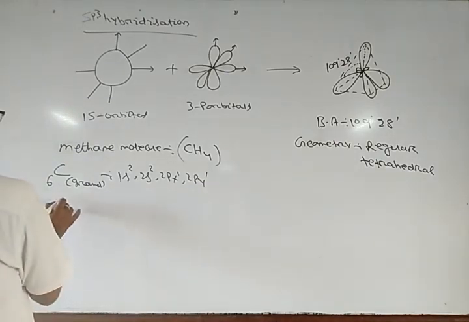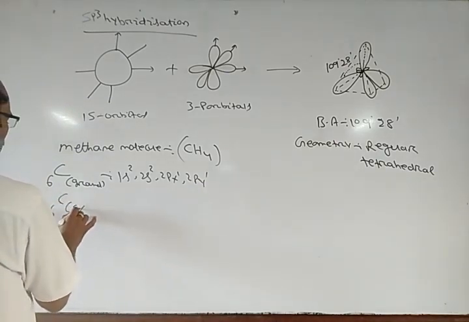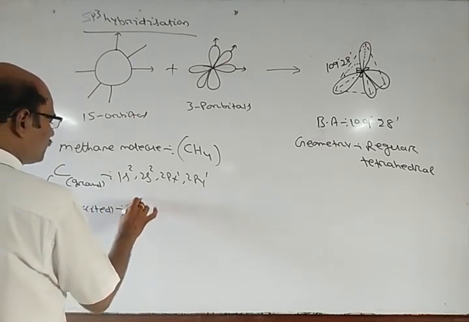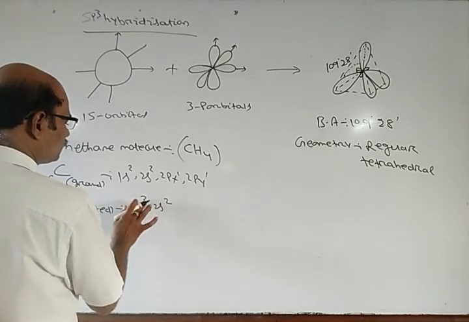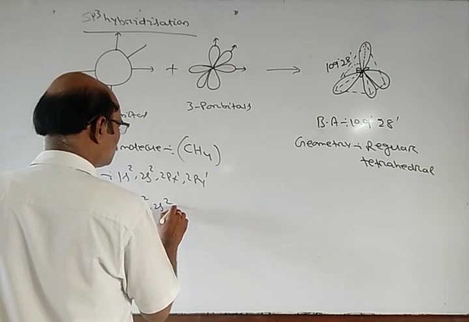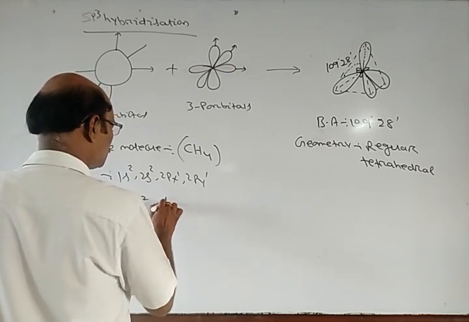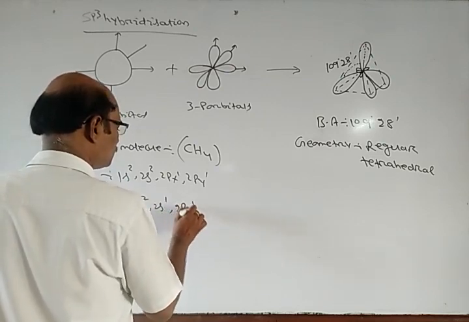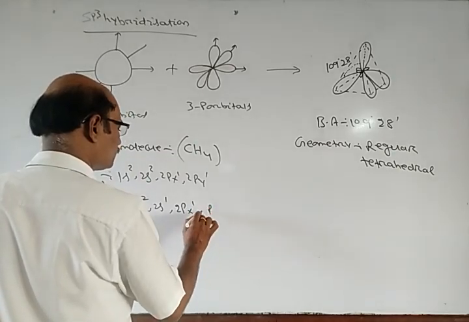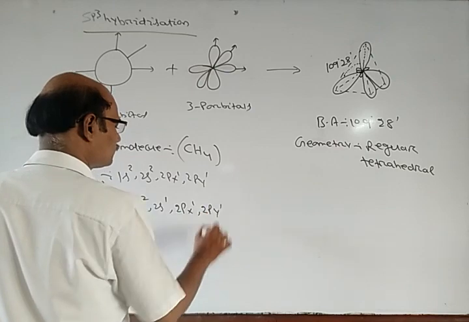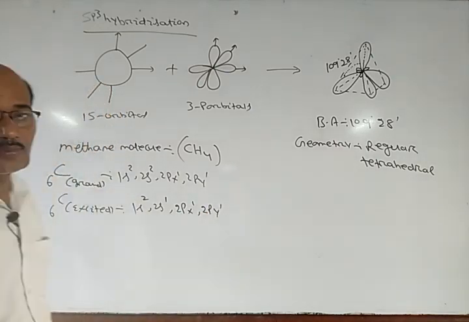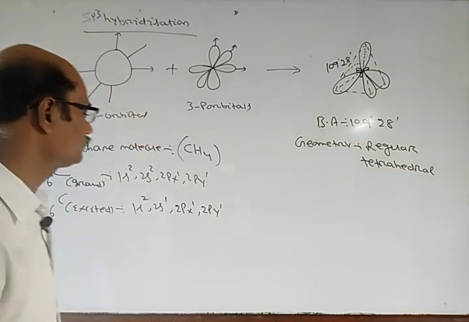Carbon 6 excited state: 1s2, 2s1, 2px1, 2py1, 2pz1.